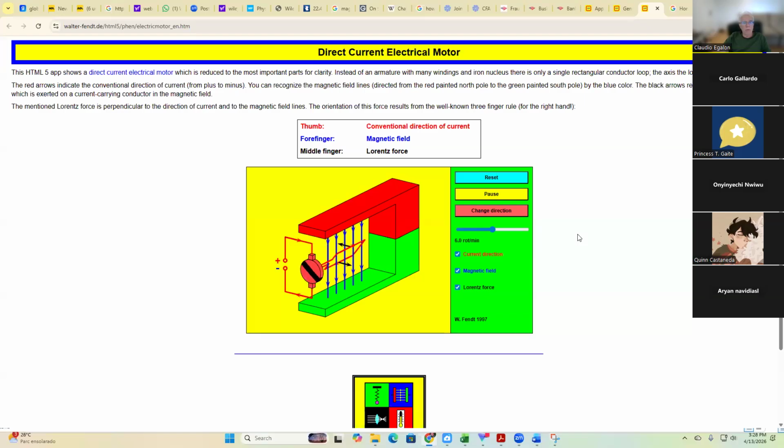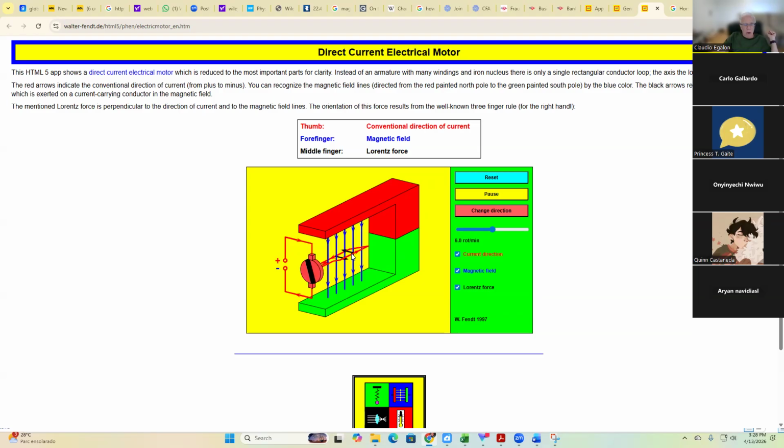The motor here, how it works, right? It works according to the Lorentz force law, the magnetic force law. We pass a current through this loop and subject the loop to a magnetic field, and there will be a magnetic force acting on the loop, and the loop is going to rotate.